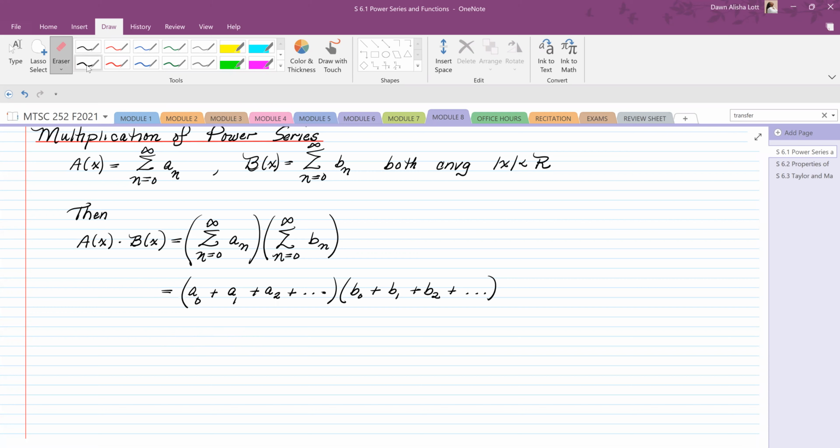Let me rephrase that. This looks like the sum n equals 0 to infinity of Cn.